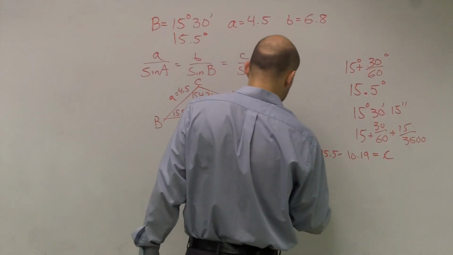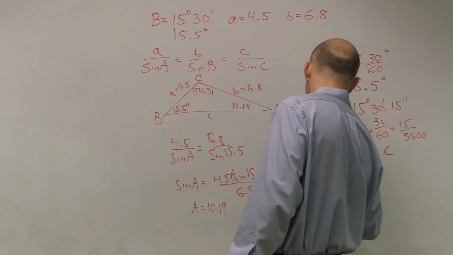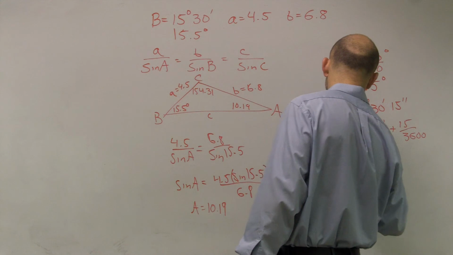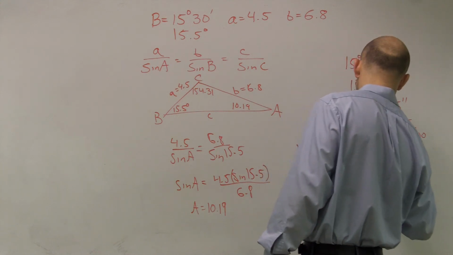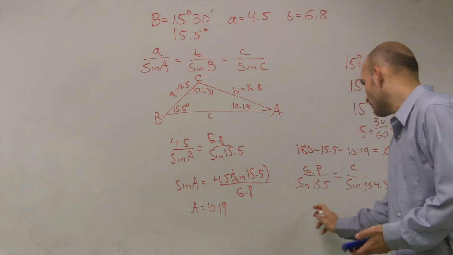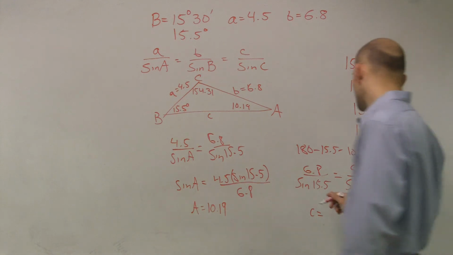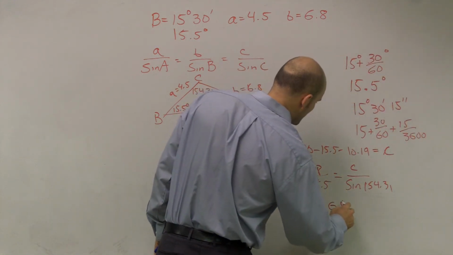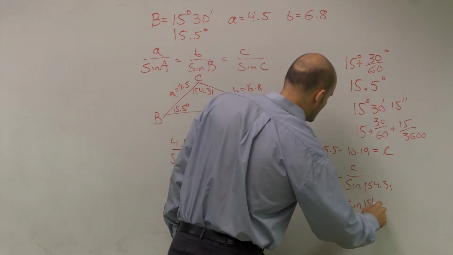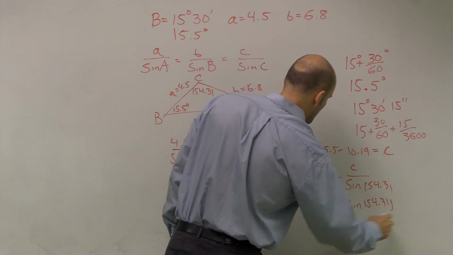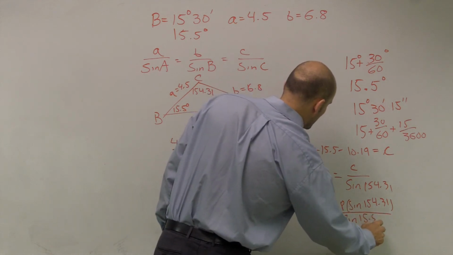So I'll do 6.8 over the sine of 15.5 equals c over the sine of 154.31. Therefore, c is going to equal 6.8 times sine of 154.31 divided by sine of 15.5.